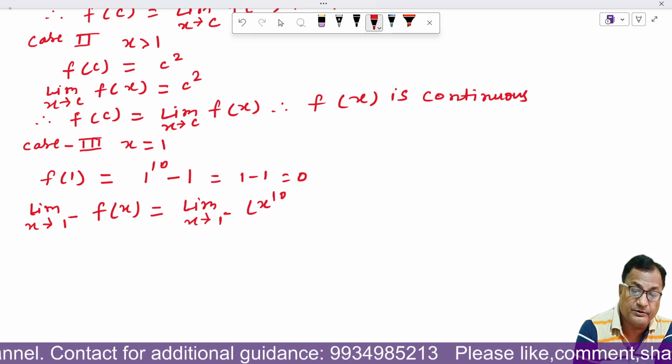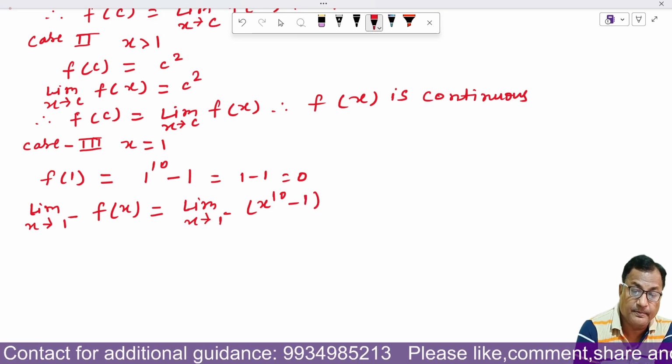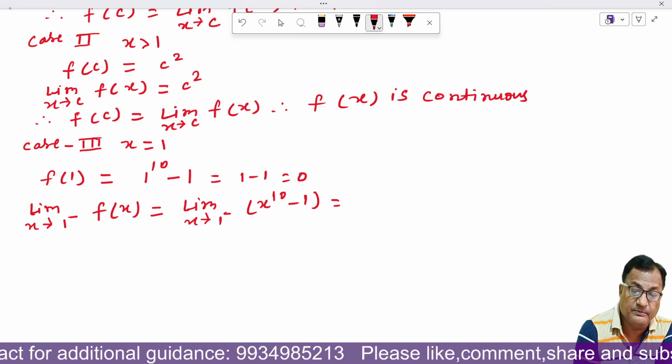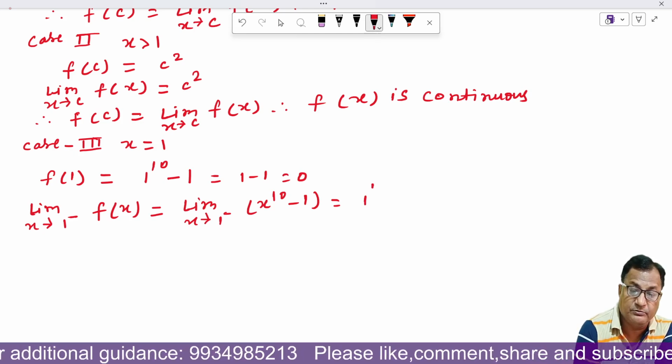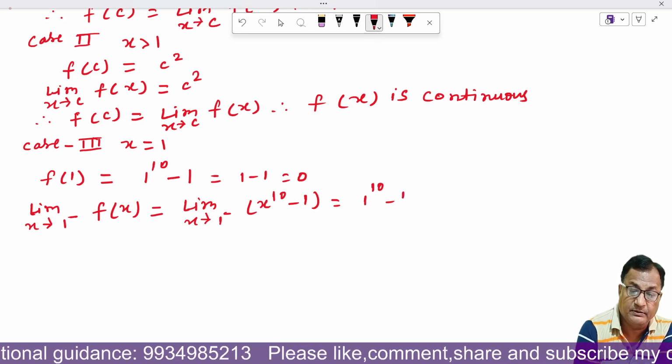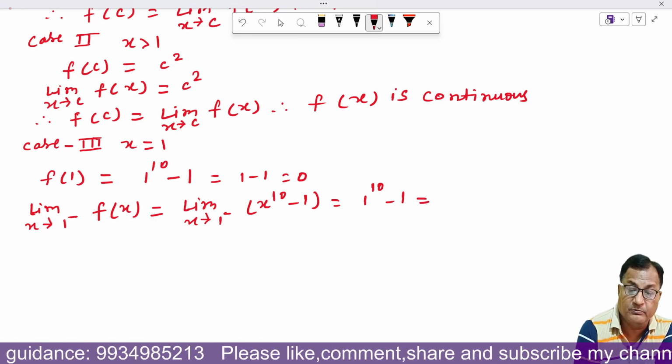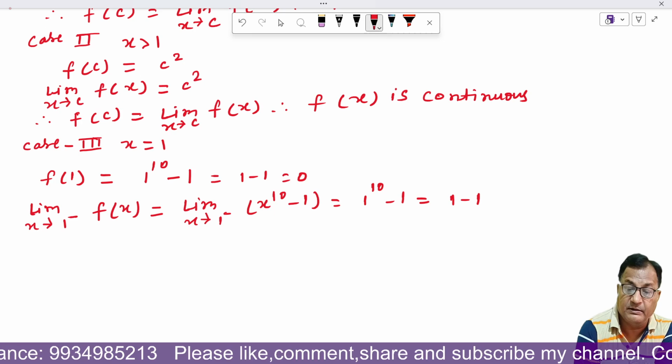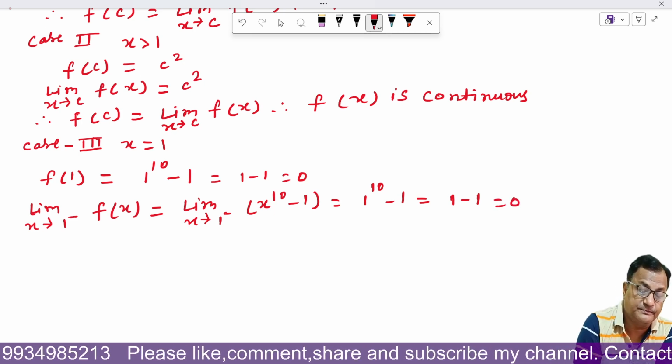So this will be 1 to the power 10 minus 1, is equal to 1 minus 1, is equal to 0.